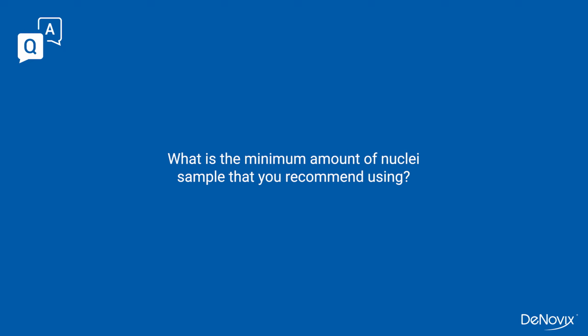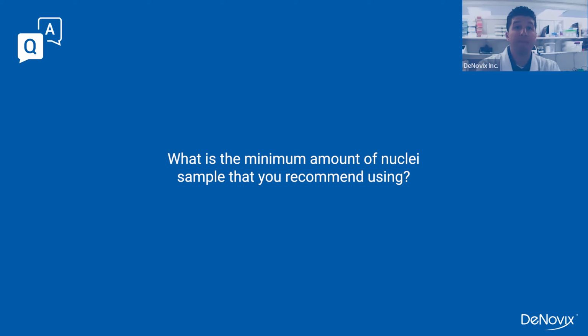Okay, great. What is the minimum amount of nuclei sample that you recommend using? I think you touched on this earlier when you were talking about chamber heights. Yeah. The minimum amount of sample we would recommend using, for that 50 micron chamber height, is 2.5 microliters of your nuclei solution and 2.5 microliters of your AOPI.